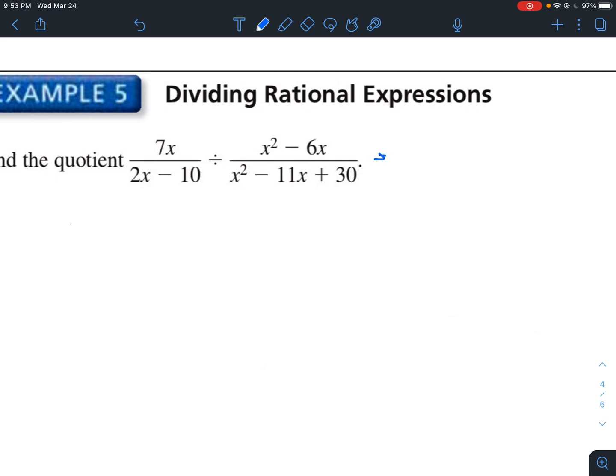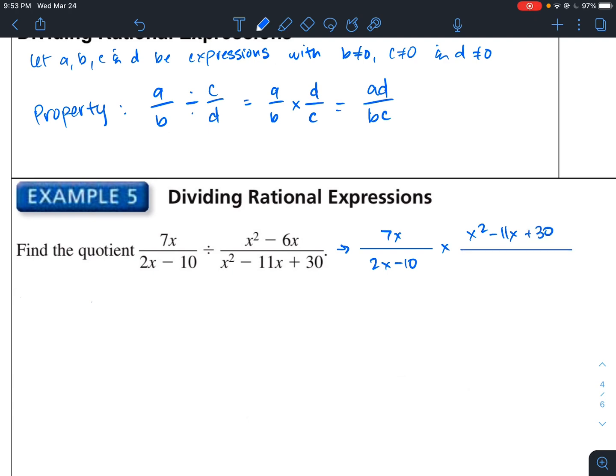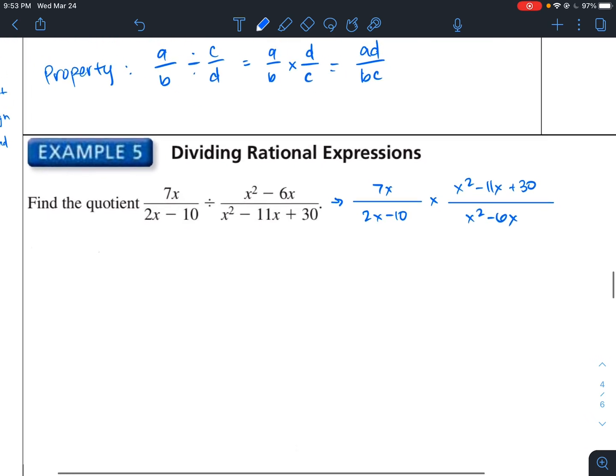If I use this property, I get 7x over 2x minus 10, keep the first, change the sign, flip the second, so x squared minus 11x plus 30 over x squared minus 6x. This is the new expression I'm going to be dealing with, and this is just multiplying, and we just talked about multiplying before.